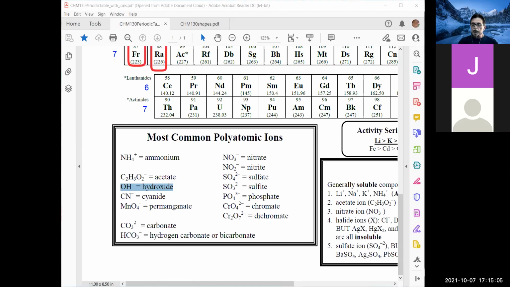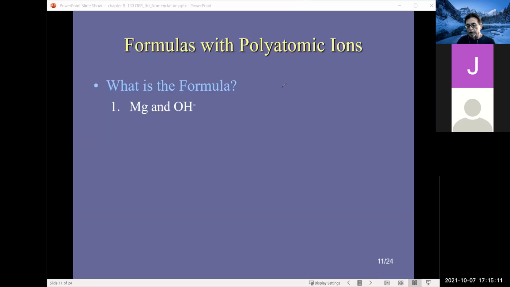Okay? Well, to determine that, you first need to convert the metal that you're given to the ion. And so we know it's a group 2 ion, so it's a +2. And the hydroxide is a -1. So that means I need 2 to cancel the +2 for magnesium, which tells me what I do is I go ahead and put my parentheses, and then I just put a 2 there, okay?